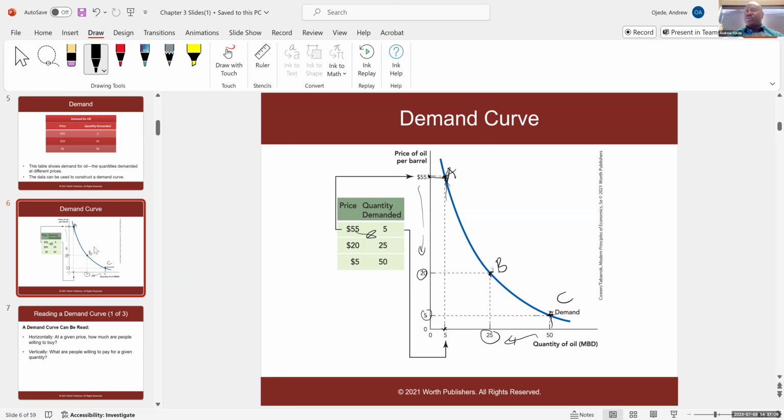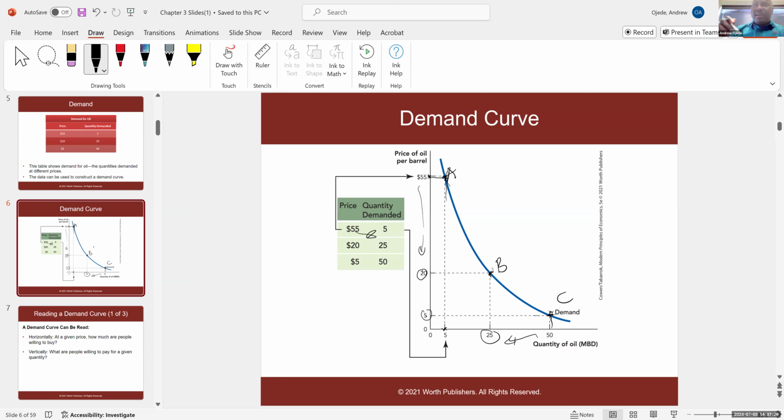One thing I want to make very clear: anytime the price of a good changes, like the price of oil, whether it decreases or increases, you are moving along the same demand curve. We call that a change in quantity demanded.